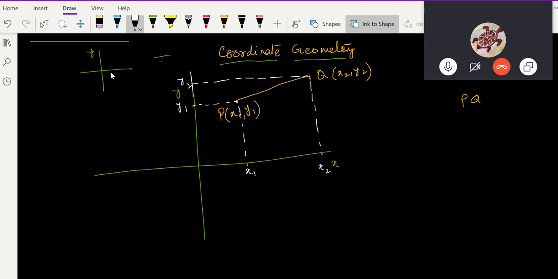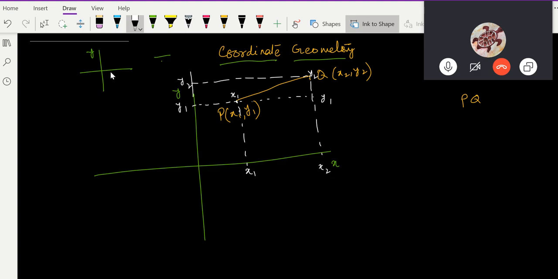So this is y1, this is y2, and this is x1, so this is also x1, right?